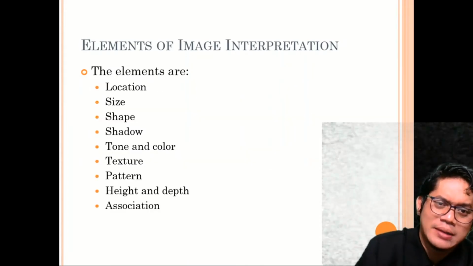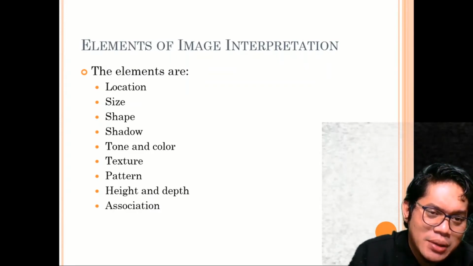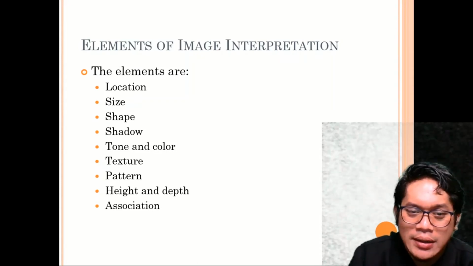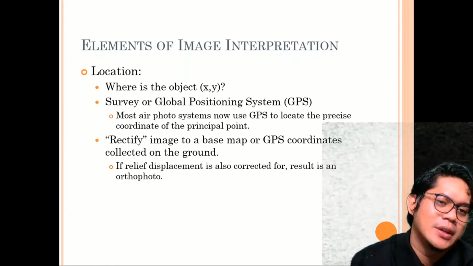So there are elements of image interpretation such as location, size, shape, shadow, tone and color, texture, pattern, height and depth, as well as association. Now we look into them one by one.